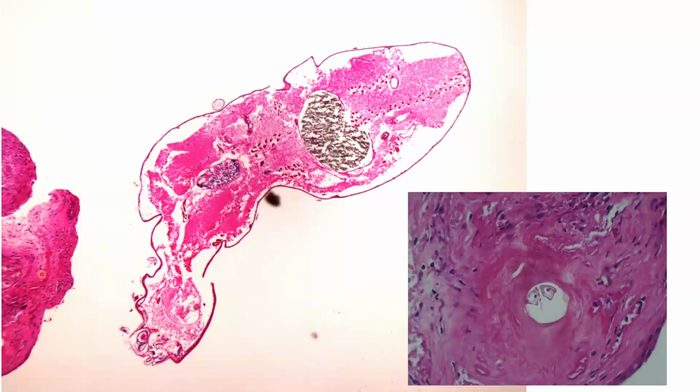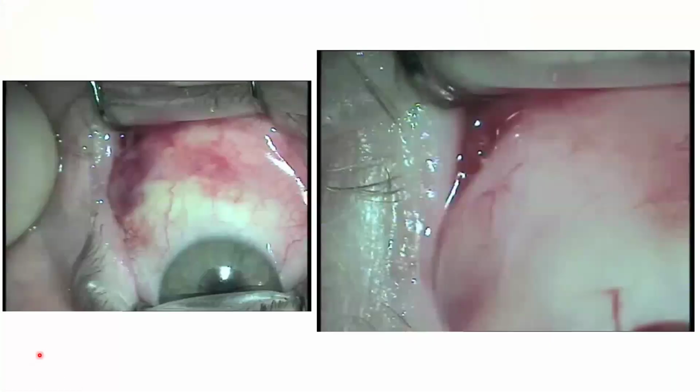And in some of the eye tissue which had been removed at biopsy, we could see mouth parts embedded in the tissue, which are those sclerotized structures you're looking at there. So we asked for a bit more information as to what exactly they saw, and the ophthalmologist sent us a video he had taken.